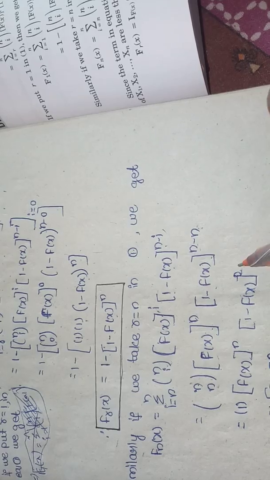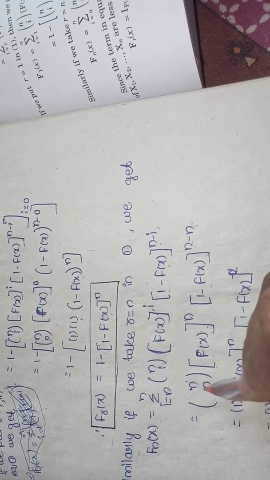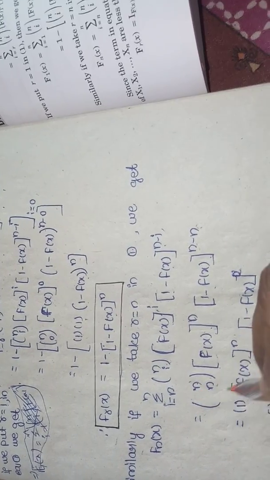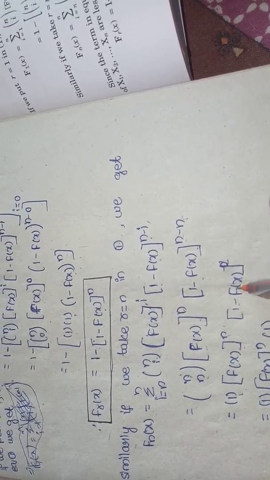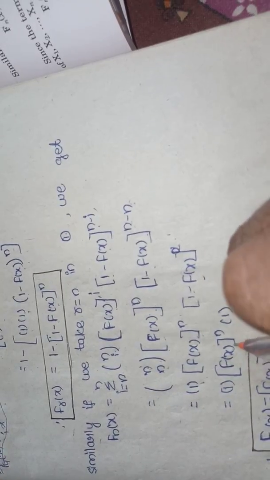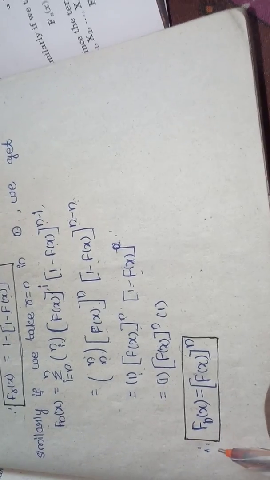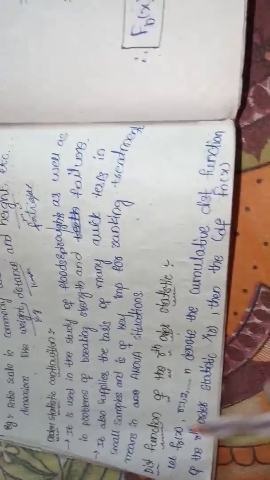Here n minus n becomes 0, so that factor is 1. nCn value is also 1, just like 2C2 and 1C1. So finally we get F(x) whole power n. So what we proved is that Fn(x) equals F(x) whole power n. So this is the derivation of the distribution function of the rth order statistic.